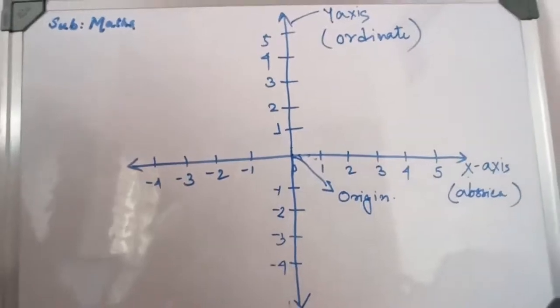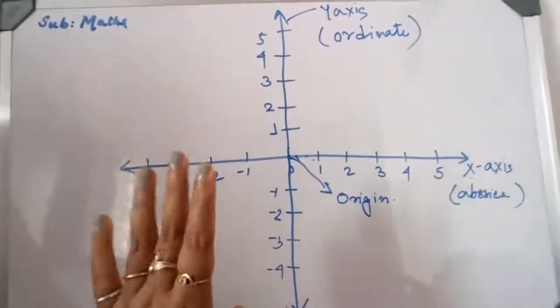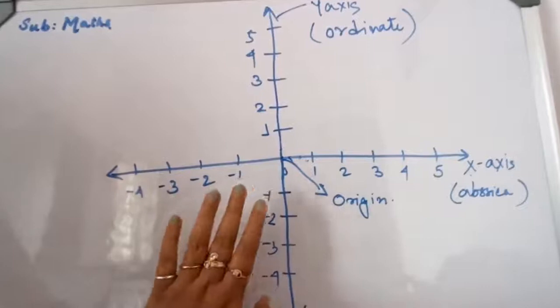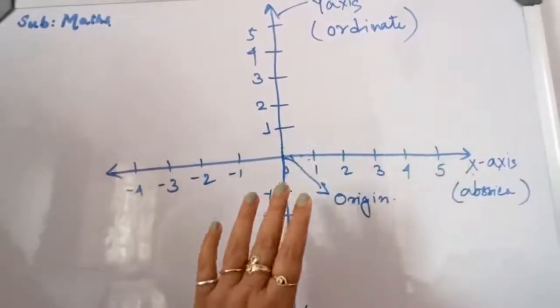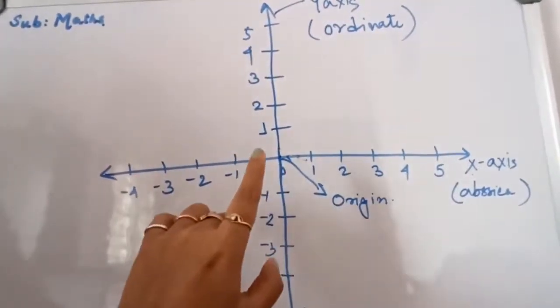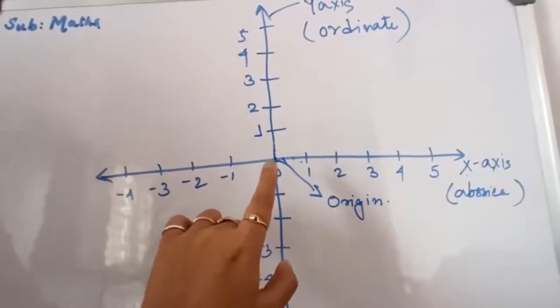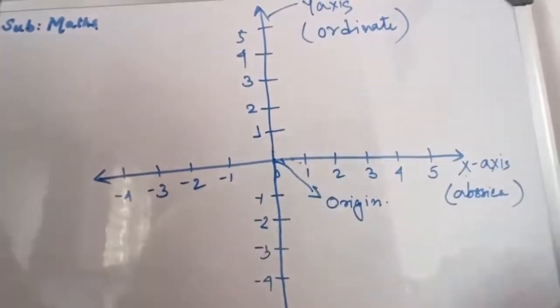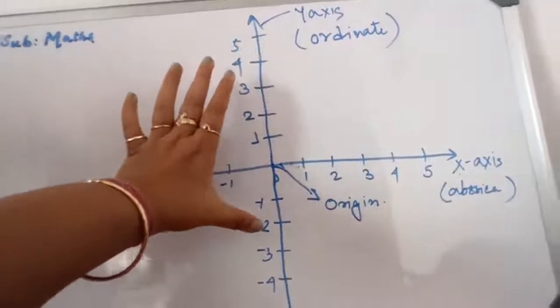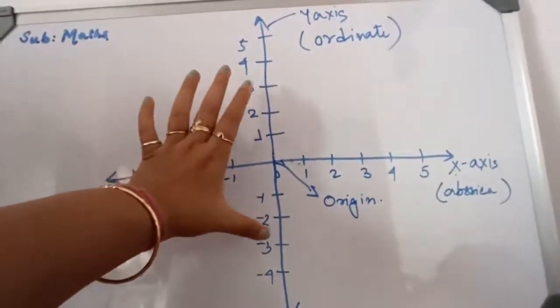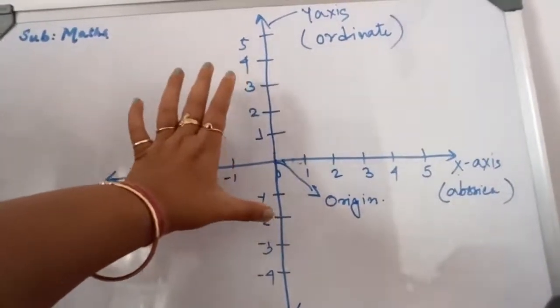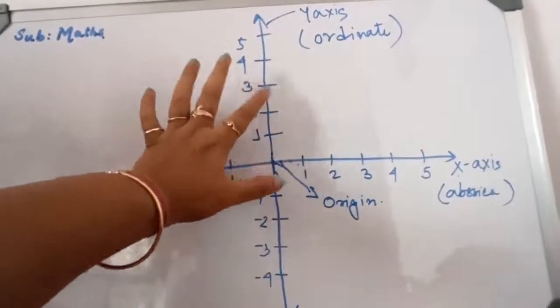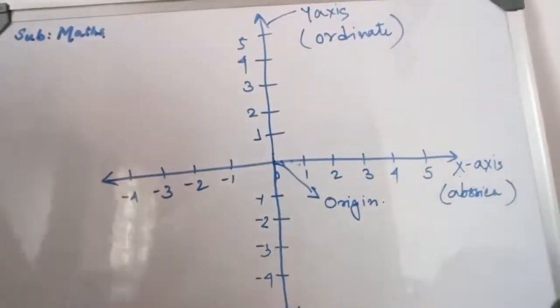When two number lines are drawn on a single piece of paper, they have a common point known as the origin, and both the number lines are perpendicular to each other, which means the angle formed between the two axes is 90 degrees.